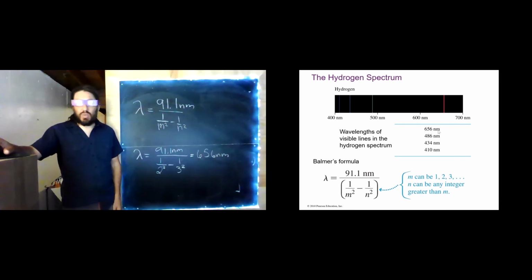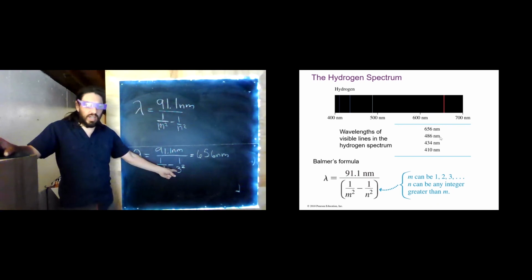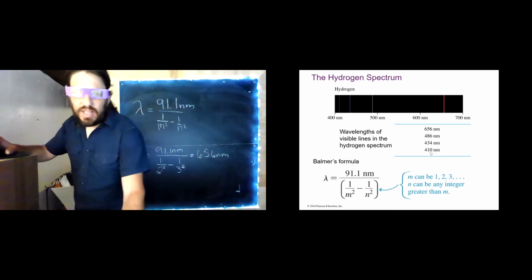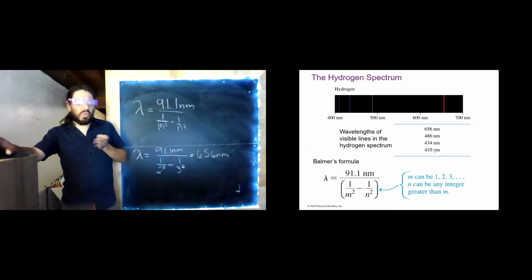And that is the longest wavelength in what we call the Balmer series. If we were to plug in 4 here, we would get the next line. Plug in 5, we'd get the next line. Plug in 6, we'd get the next line. So Balmer noticed this, and again, he didn't really know why this worked, but it did work.